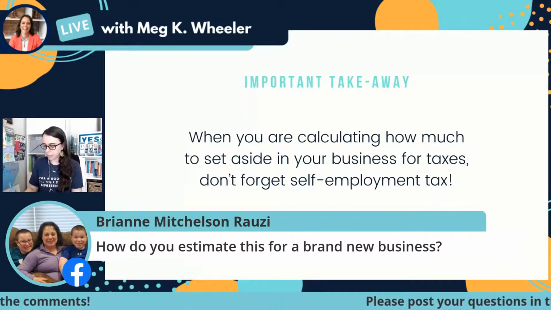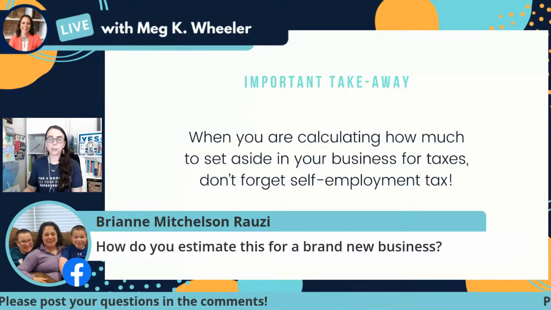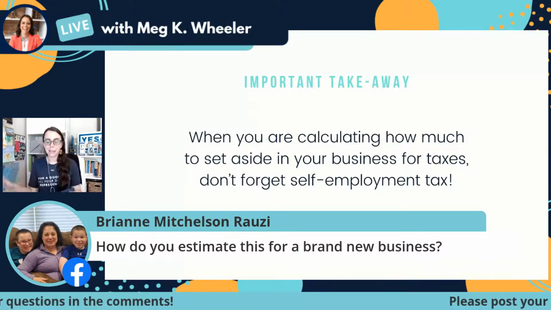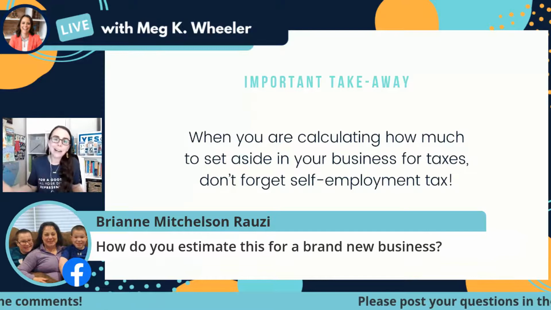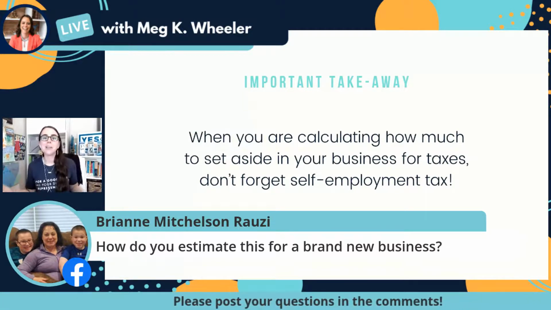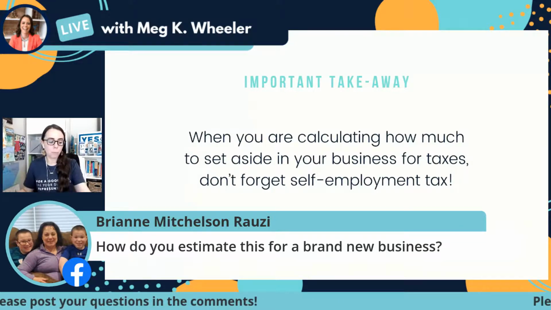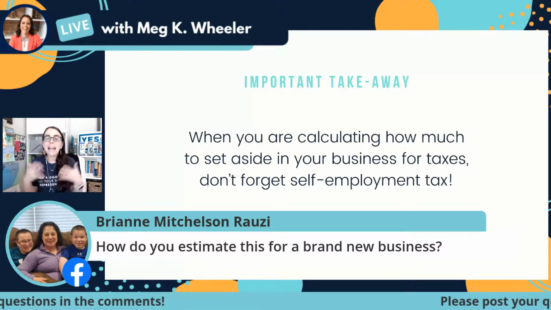So now instead of setting aside $800 for income taxes and $612 for self-employment taxes, I'm going to set aside $739 for income taxes and $612 for self-employment tax. It's not a huge difference, which is why I say if you don't want to get super savvy, you don't need to. And the upside is you'll have a little extra cash set aside when you go to make those quarterly tax payments. But that's how I would do it.